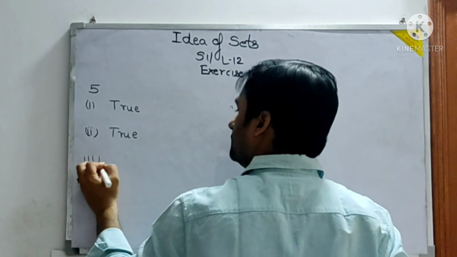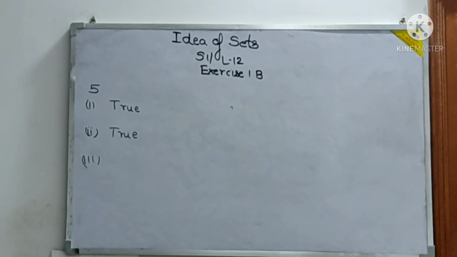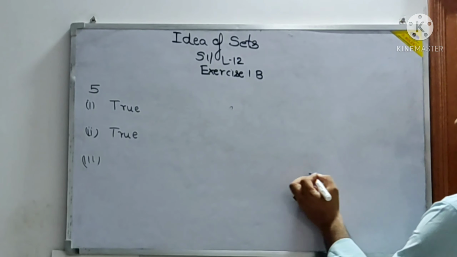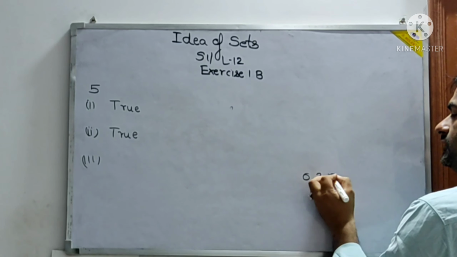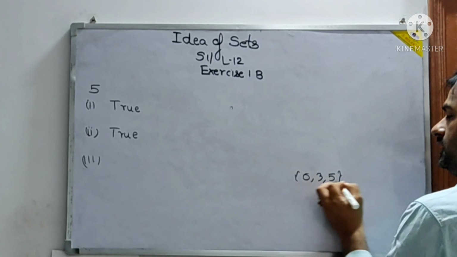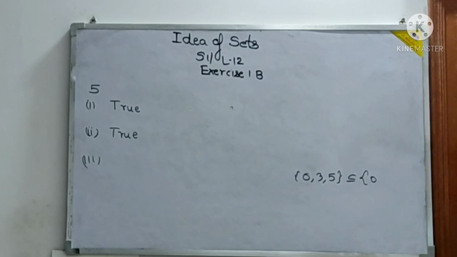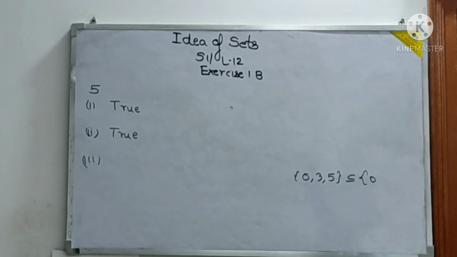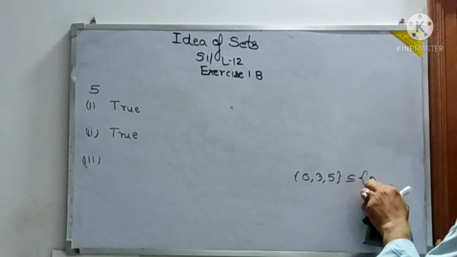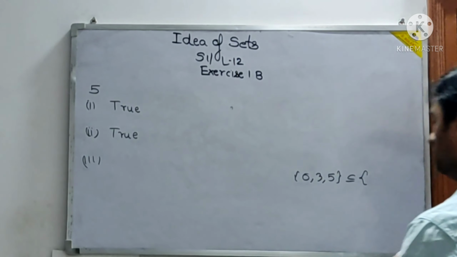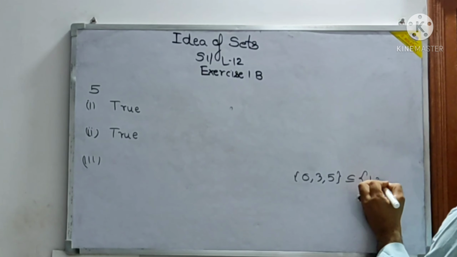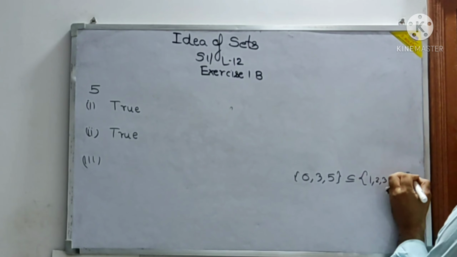And the third is saying what? 3, 5 is a subset of natural numbers. Now see, because it is saying natural number, and natural means it starts from 1 only: 1, 2, 3 and so on.